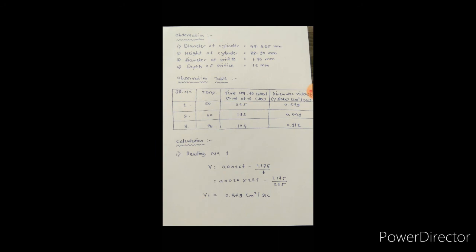So finally we can observe that as the temperature increases, time decreases and the kinematic viscosity value also goes on decreasing, which is in centimeter square per second. So the result is that the kinematic viscosity of the given oil is 0.2935 centimeter square per second or Stokes.